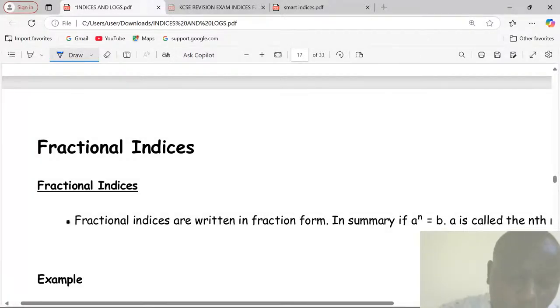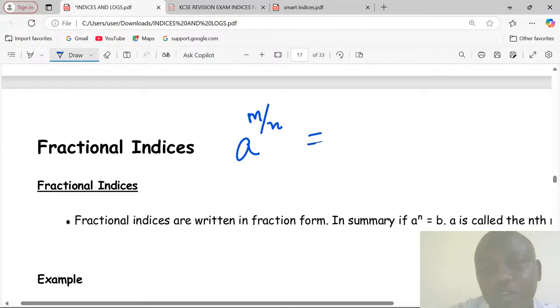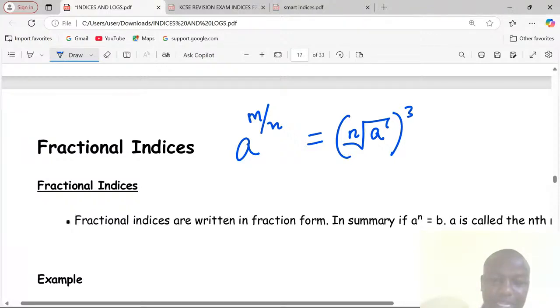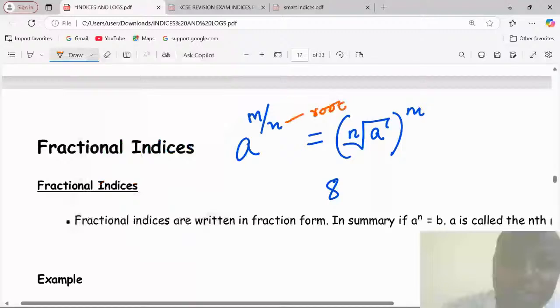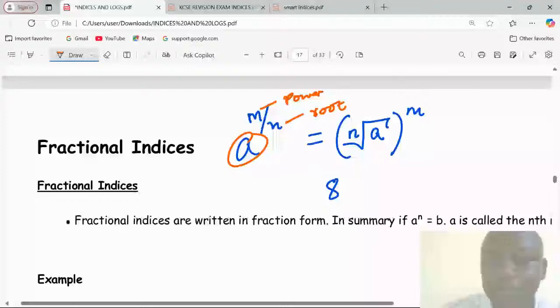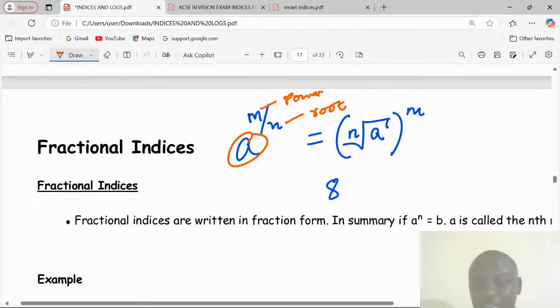Generally, if you're given a raised to m over n, then this will be solved by taking the nth root of a, then everything is raised to power m. The denominator is the root, and the numerator is a power of the same base, and we begin by the root.